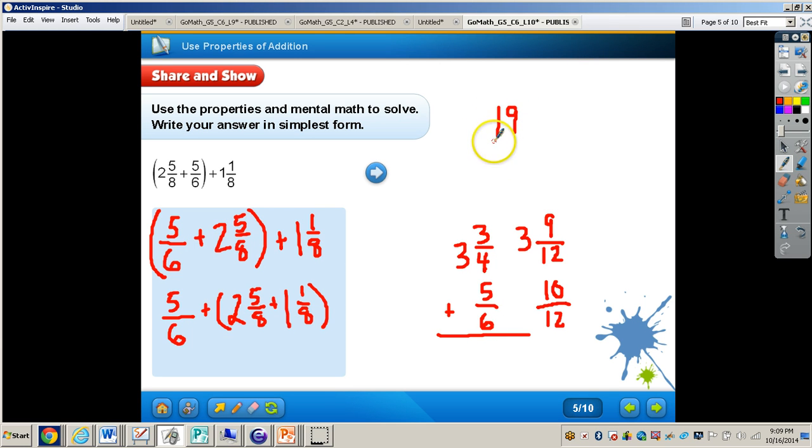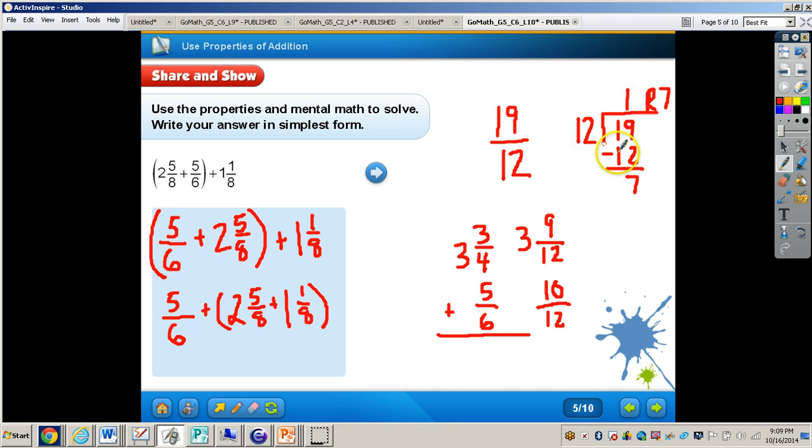Now from here, we need to take that 19/12 and change that into a mixed number. So I'm going to divide my numerator by my denominator. 12 into 19 goes one time, and that's going to give me 1 with a remainder of 7.